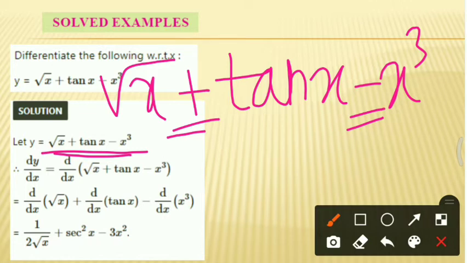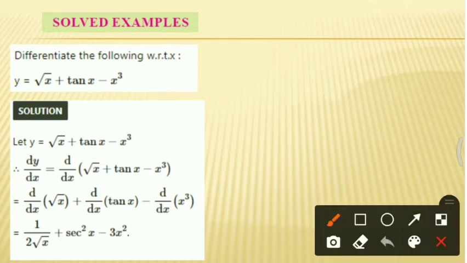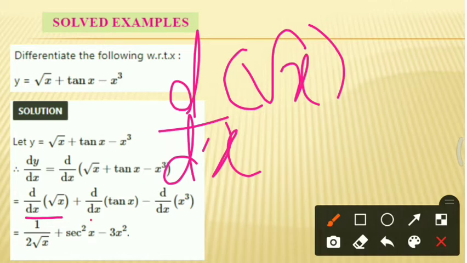So one by one we will use the formulae of standard functions. Derivative of root x, that is d by dx of root x. Similarly, derivative of tan x is written as d by dx of tan x, minus as it is, and d by dx of x cube.